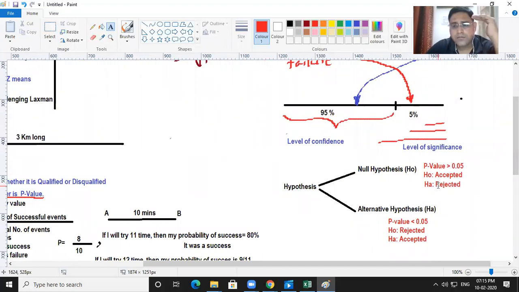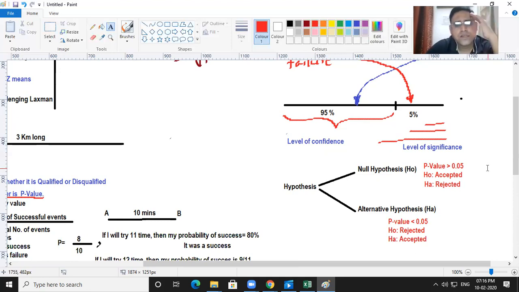But if my p-value comes less than 0.05, in that case, my null hypothesis is rejected. Means Lakshman said that I can hit 6 sixes in 6 balls. I said, okay, forget about 6 balls, hit 4 sixes in 6 balls, I will agree to you. But he was not able to prove it.